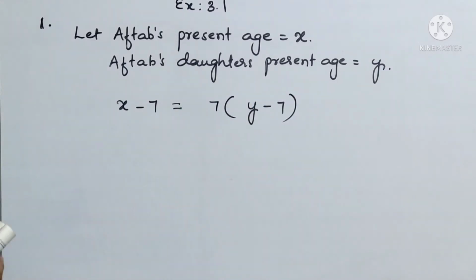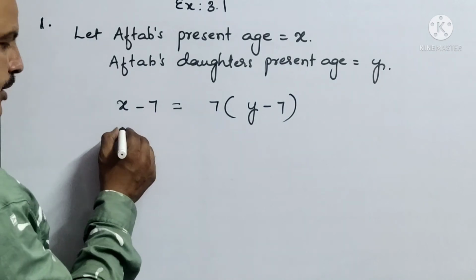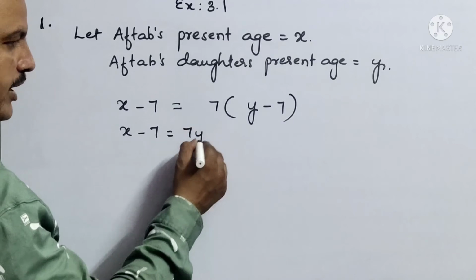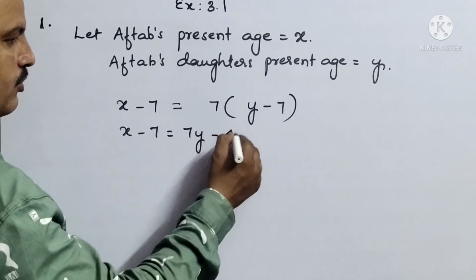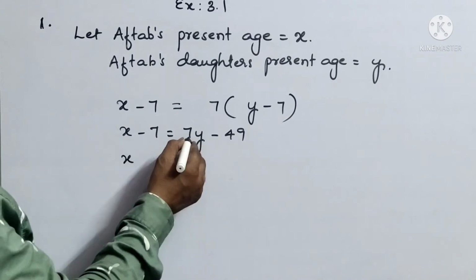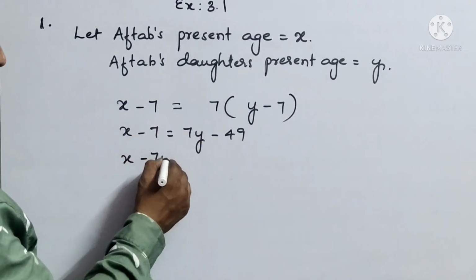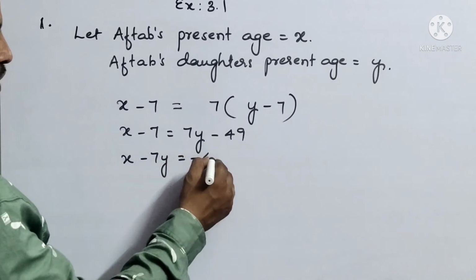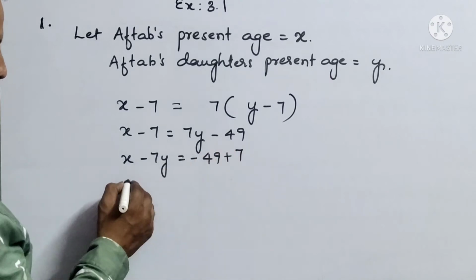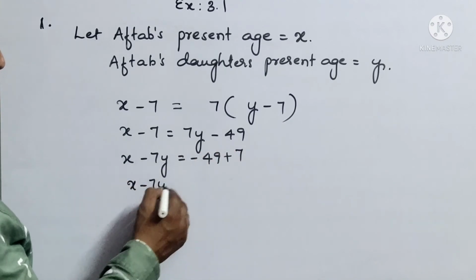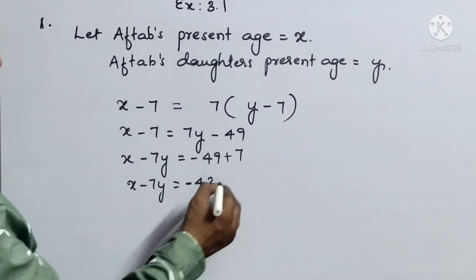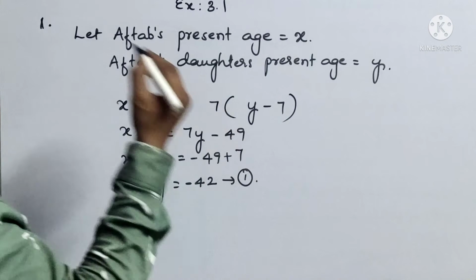So x minus 7 equals 7y minus 7 sevens are 49. Bring the 7y to this side: x minus 7y equals minus 49, and minus 7 goes to that side as plus 7. So x minus 7y equals minus 42. This is equation 1.